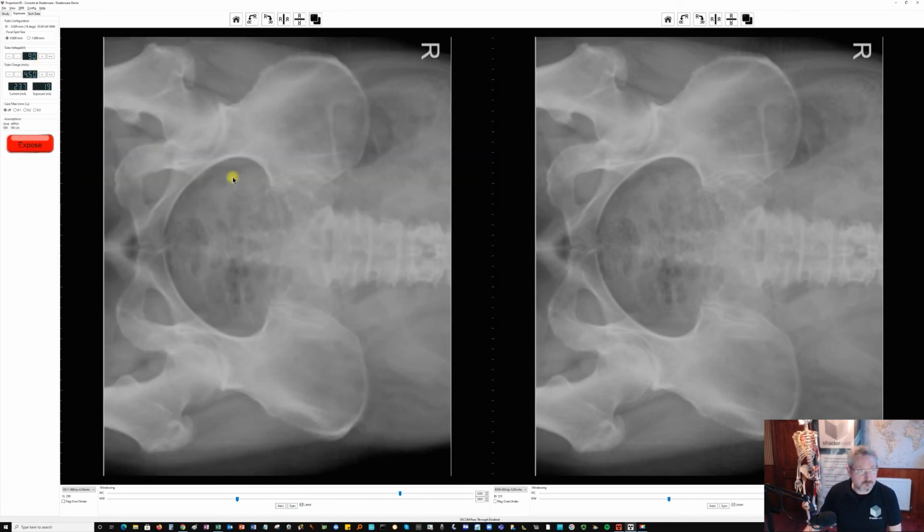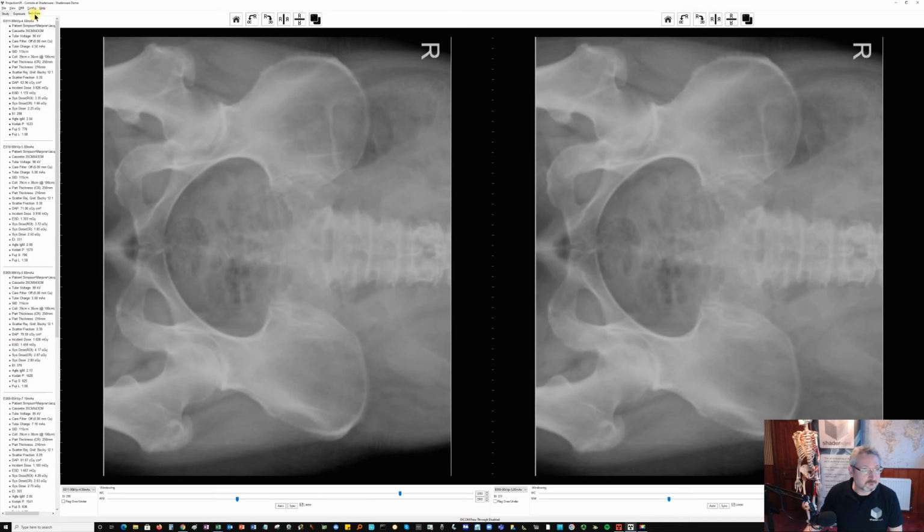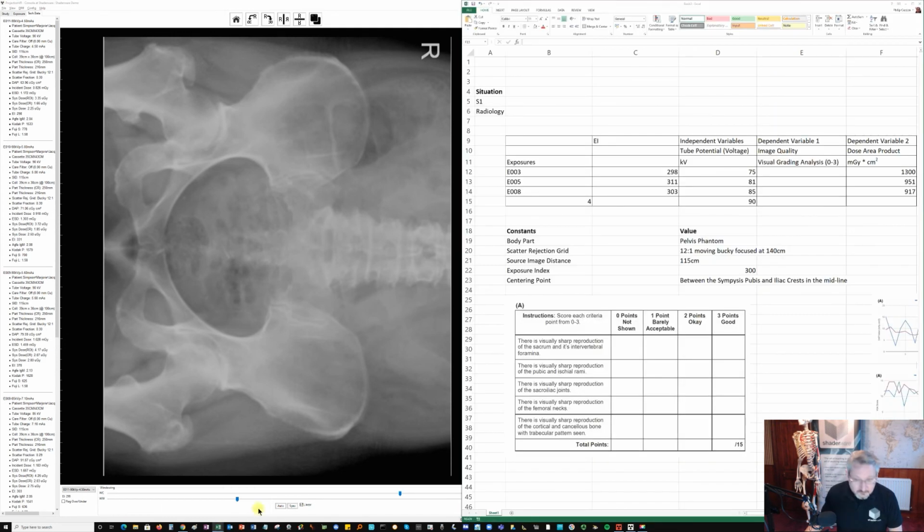So it's 90 kV and 4.5, and the DAP is 63. So we've got a DAP of 630, and an exposure index of 298, and this is exposure number 11.